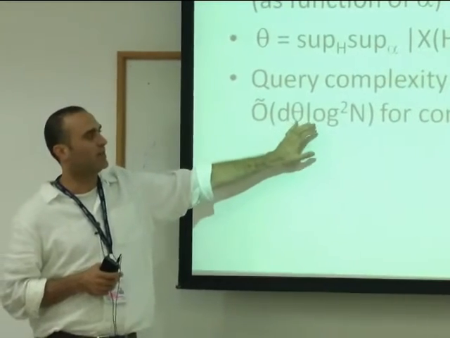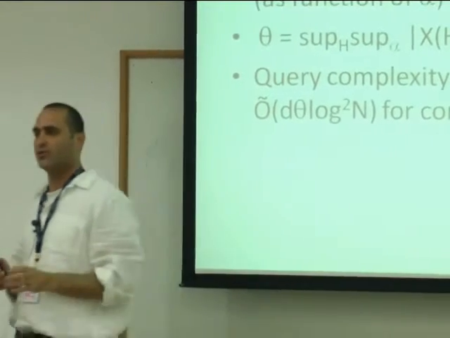Roughly D times theta, even as opt goes to 0. So in the standard VC theory, when opt goes to 0 and you want a relative error, then the query complexity explodes. And here it doesn't explode.